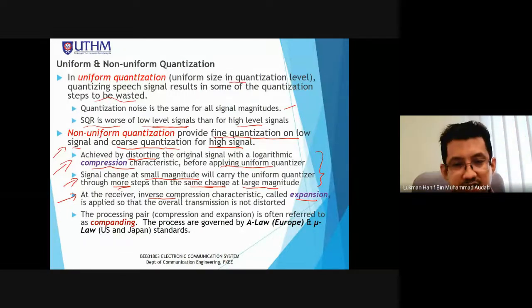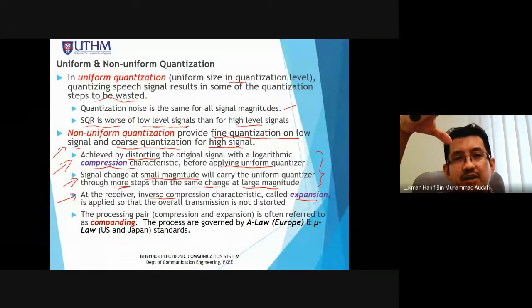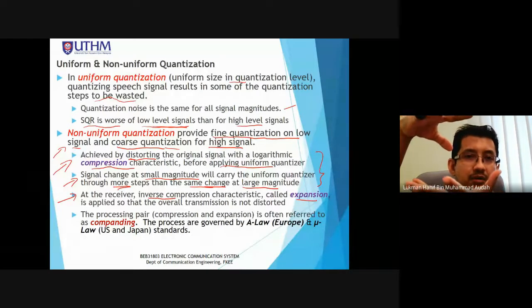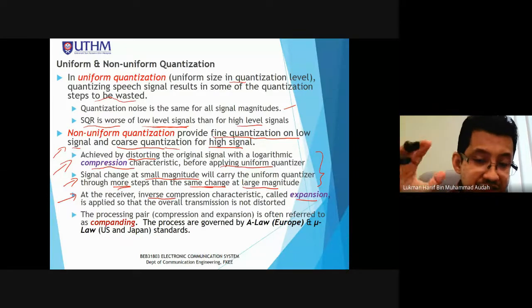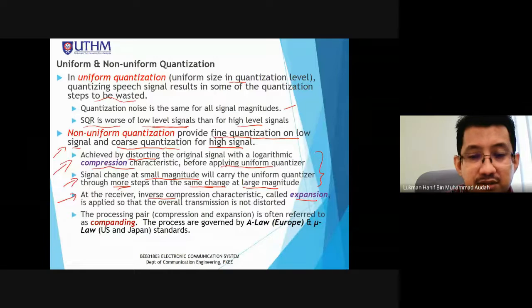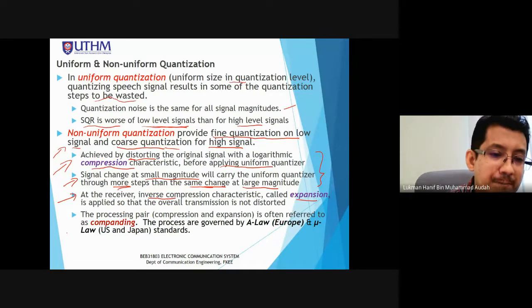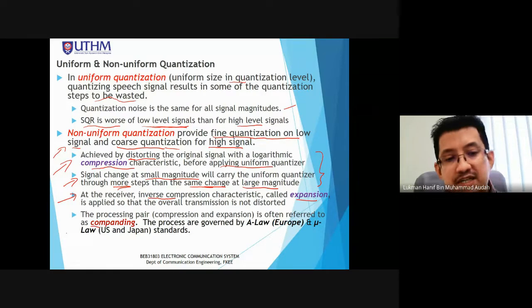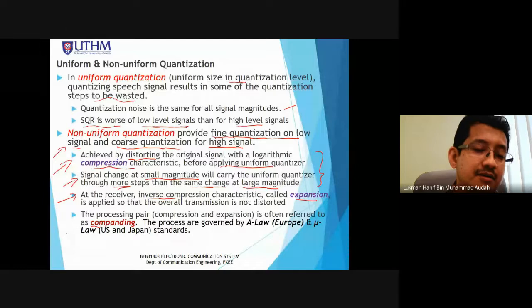So when you expand at the same rate of your compression, that means you're gonna make it back to the original shape. So this is happen at the receiver. So both compression and expansion is what we call as the compending. Perkataan compress dan expand ini digabungkan so dia jadi namanya sebagai compending.